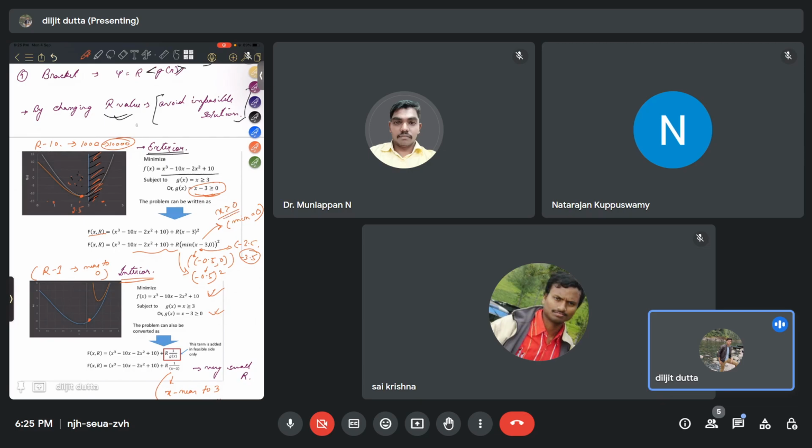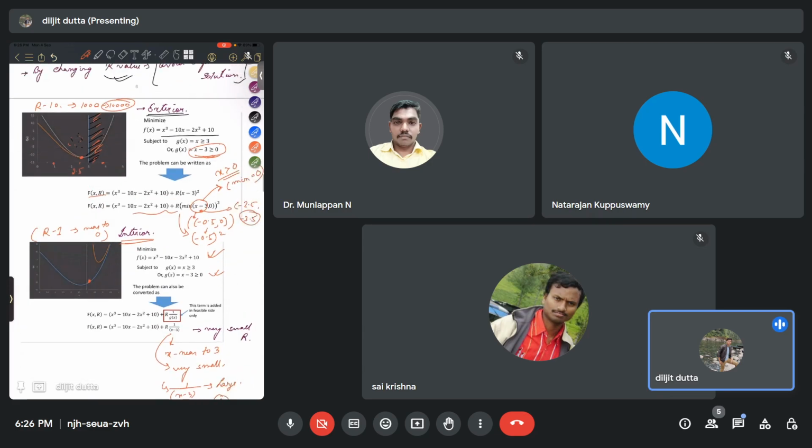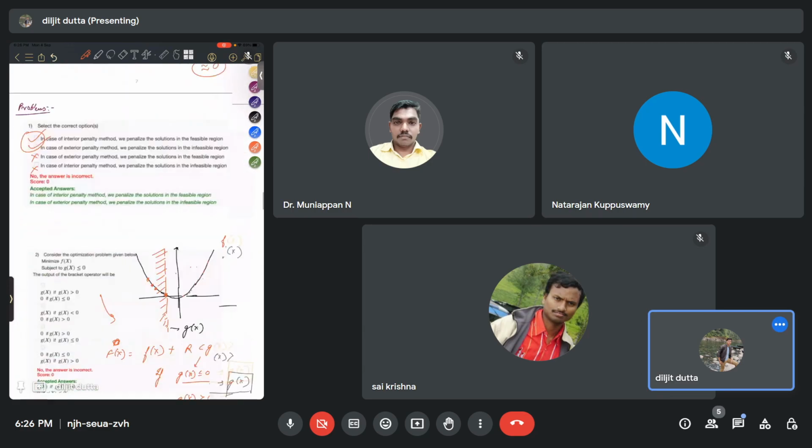So we'll always get 0 when we have values in this region. And if x is less than 3, we get the minimum as the x minus 3 value. So this was for the greater than or equal to constraint.